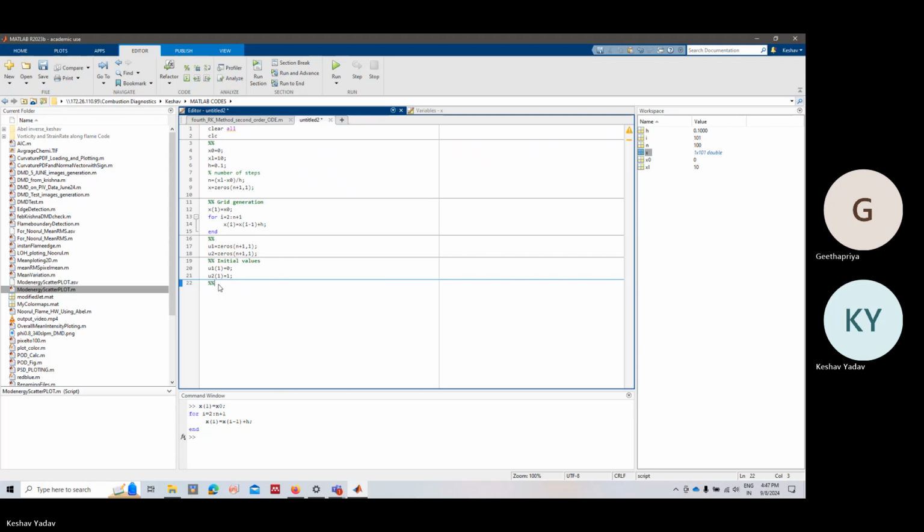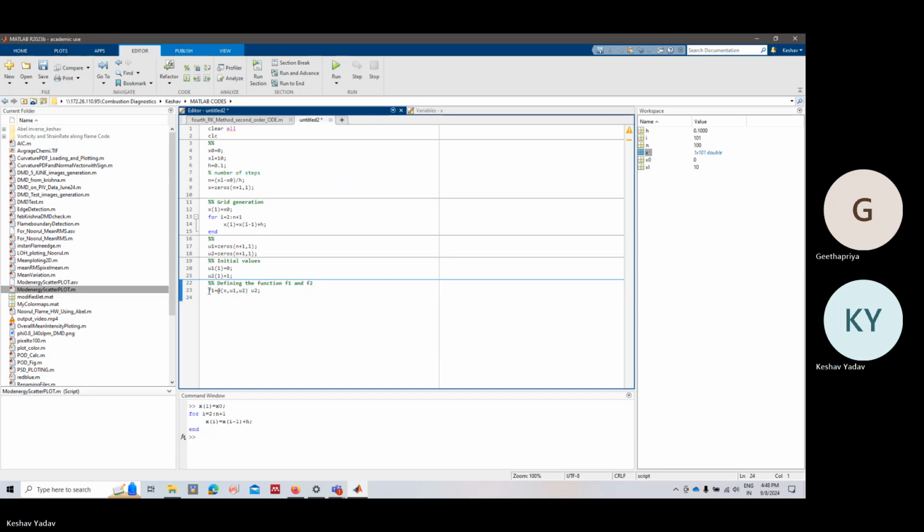Now defining the functions f1 and f2. F1 is a function of x, u1, u2. So F1 is u2.